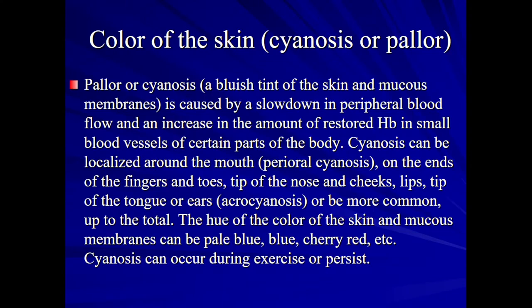Cyanosis can be localized around the mouth, perioral cyanosis, on the ends of fingers and toes, tip of the nose, cheeks, lips, tongue or ears, or be more common up to total. The hue of skin and mucous membranes can be pale blue or cherry red. Cyanosis can occur during exercise or persist.